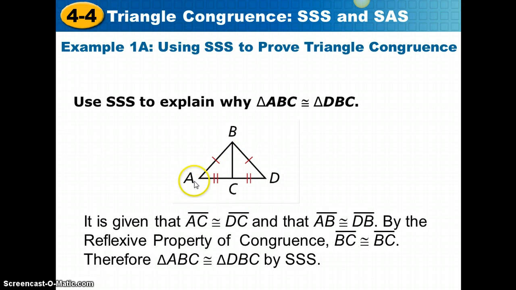It's given that AC is congruent to DC and that AB is congruent to DB. By the reflexive property, BC is congruent to itself. These 2 triangles share that same side. So that is where our third pair of congruent sides comes from. So we can say triangle ABC is congruent to triangle DBC by side, side, side.